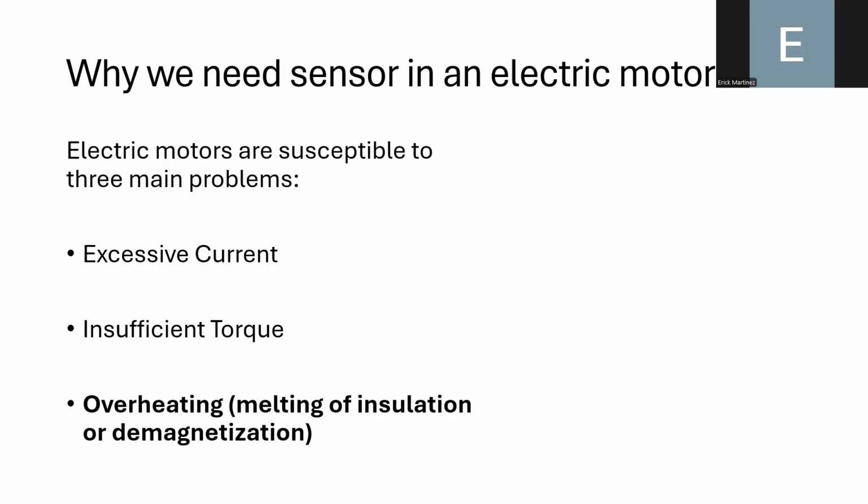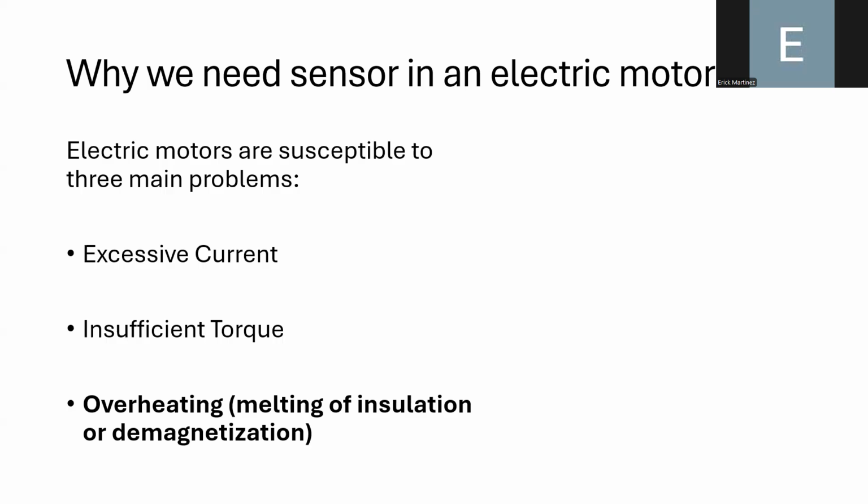And if we produce a lot of heat inside the machine, we can melt the insulation of the windings, or maybe you can produce demagnetization. Demagnetization is a problem because if you're using permanent magnets in your electric motor in order to produce the magnetic fields, demagnetization basically refers to the fact that when you increase the temperature of a magnet, its magnetic flux or its magnetic field will decrease.